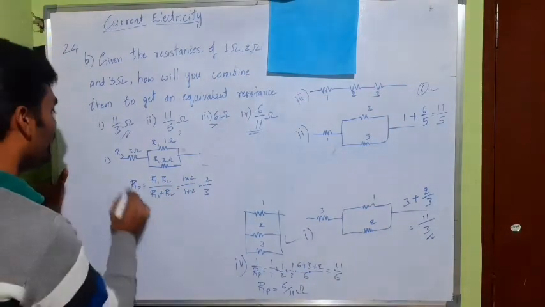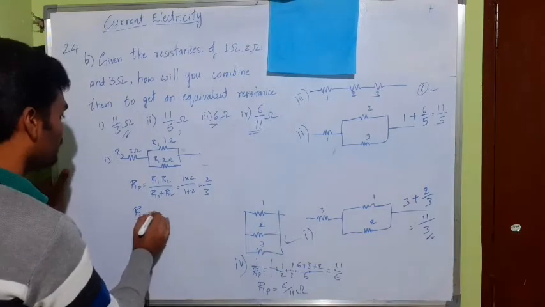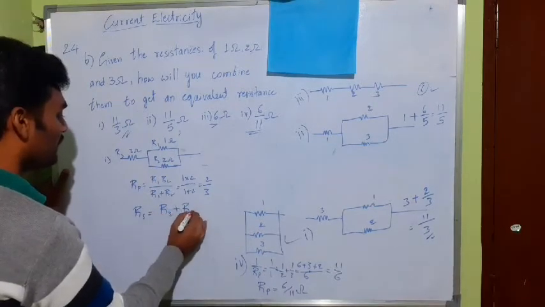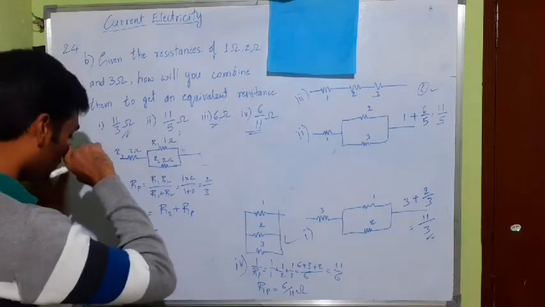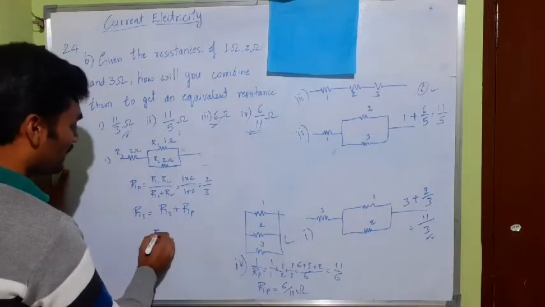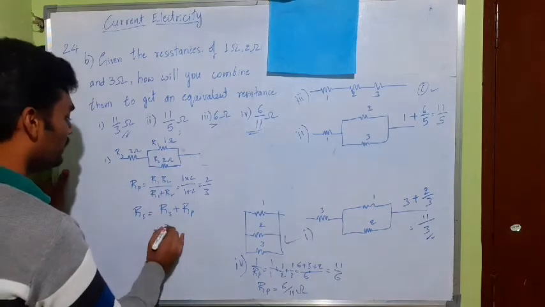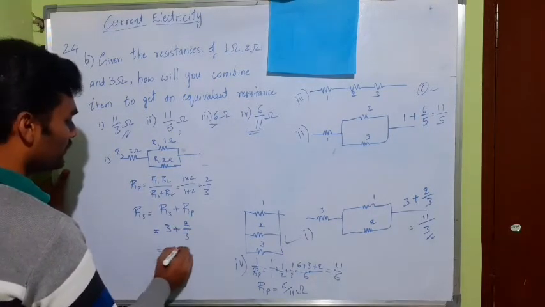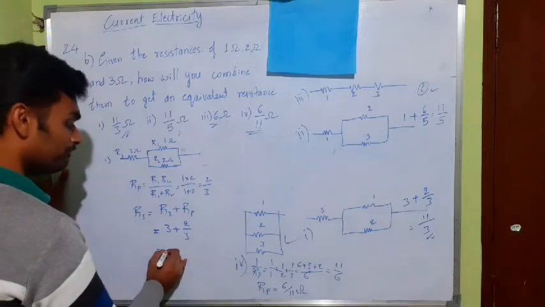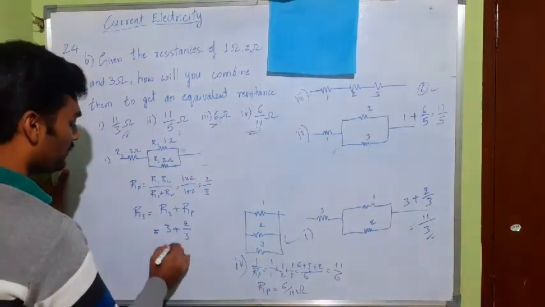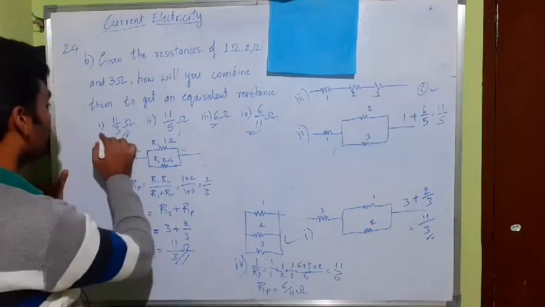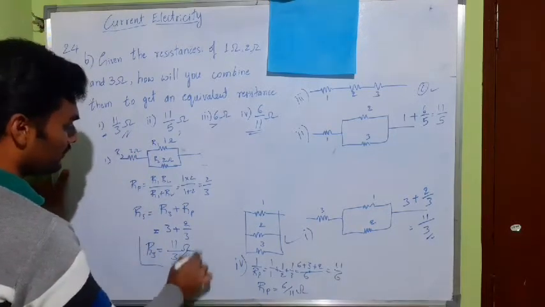Then you put RS is equal to R3 plus RP, right? RP is this combination. So R3 is 3 ohm, RP is 2 by 3, which is equal to, 3 is the LCM, 3 threes are 9 plus 2, 11 by 3 ohm. And hence verified for the first one.